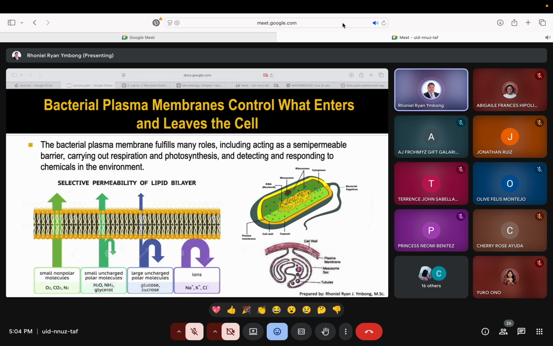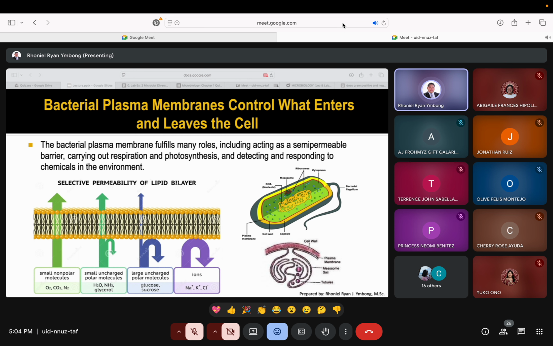They pass through what you call diffusion. Diffusion is the movement of materials from one region to another following the concentration gradient. In diffusion, there is no expenditure of energy because the movement is from a region of higher concentration to a region of lower concentration.